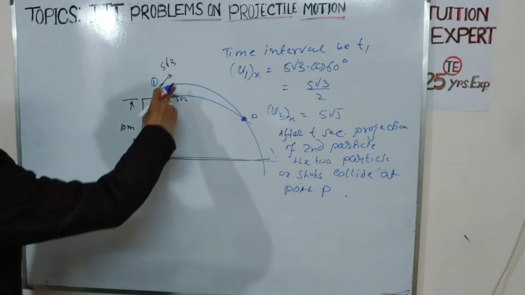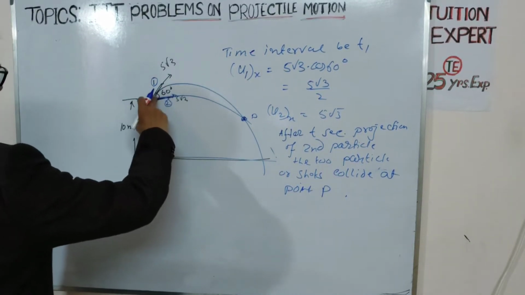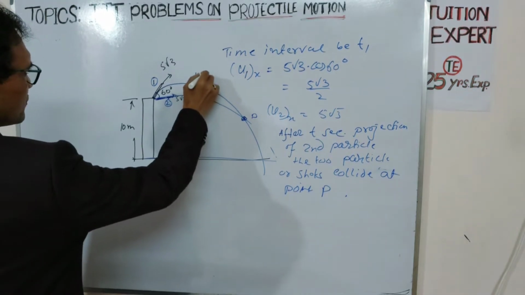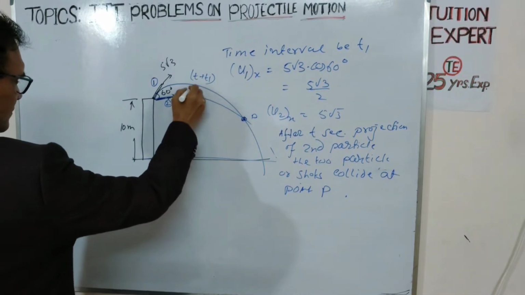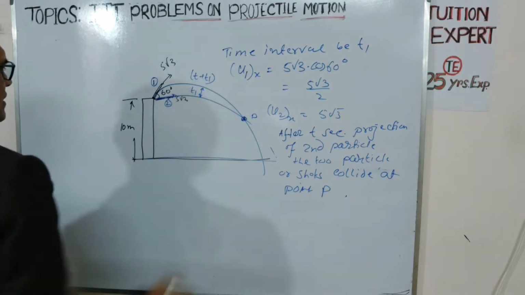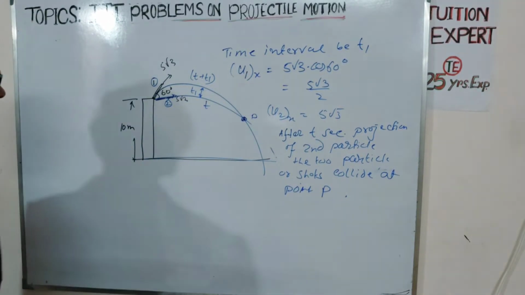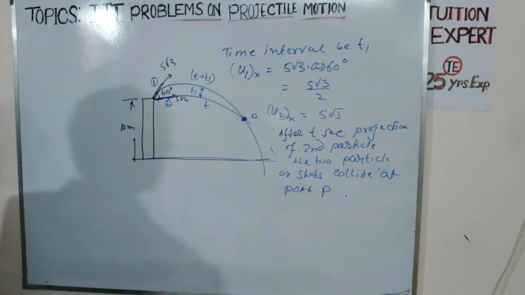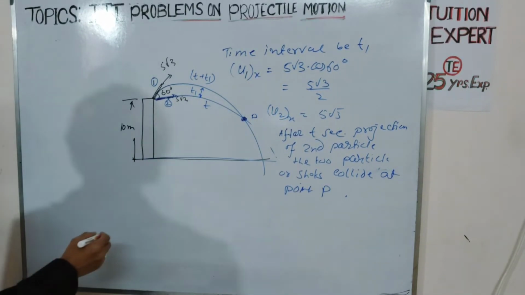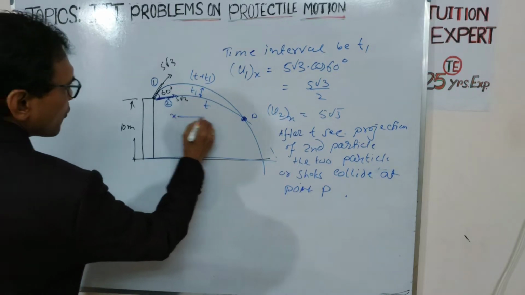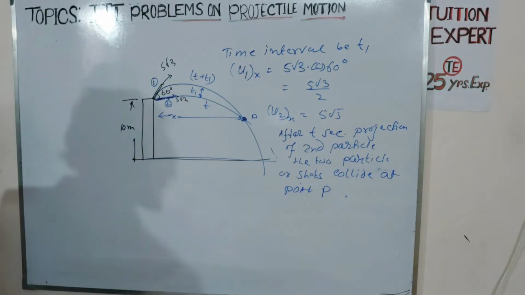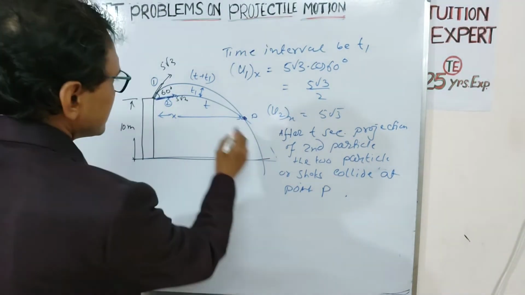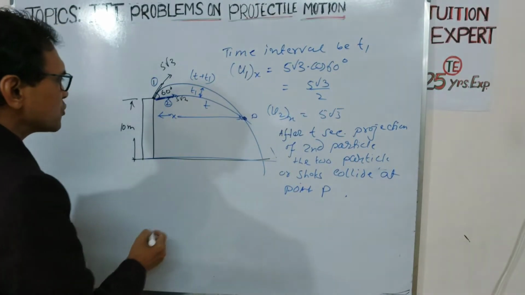So what is the time taken by particle 1 to reach the point? This time taken would be t plus t1, where the time interval is t1 and this time is t. The condition to meet at the point P is that the horizontal distance covered by each particle should be the same.